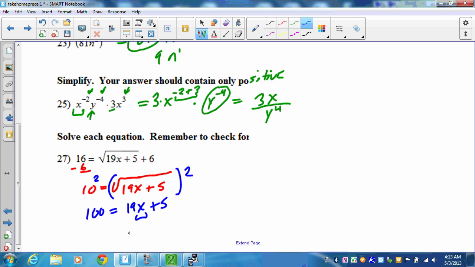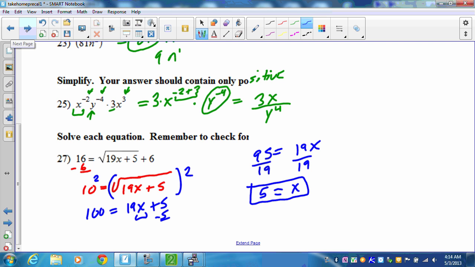So you subtract 5 and you get 95, and divide both sides by 19 and you get what? 5. 5 equals x. Alright. Of course, you would go back and double check by plugging in your answer to the original equation just to make sure you didn't make a mistake.